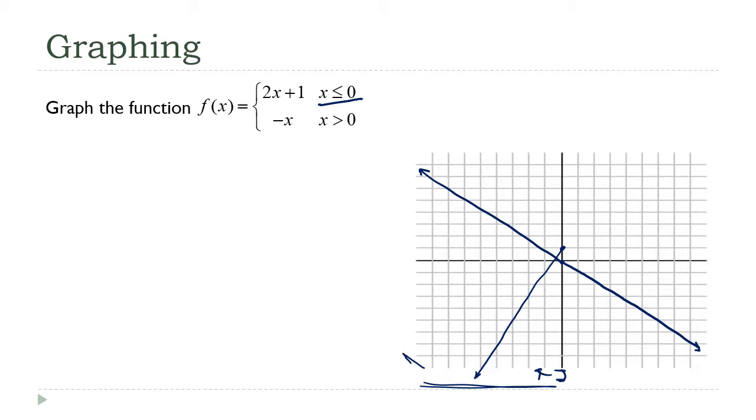It only looks like this for positive x values, right? Those are the values on this side. So everything to the left of that needs to go away. So I'm going to get rid of this part.